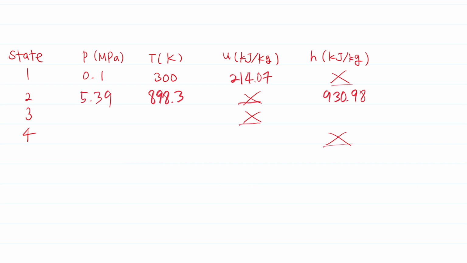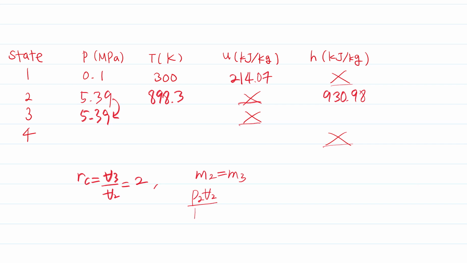At state 3, we know the process 2-3 is a constant pressure process, so P2 equals P3. The cutoff ratio is V3 over V2, which is 2. Mass remains constant during the process.